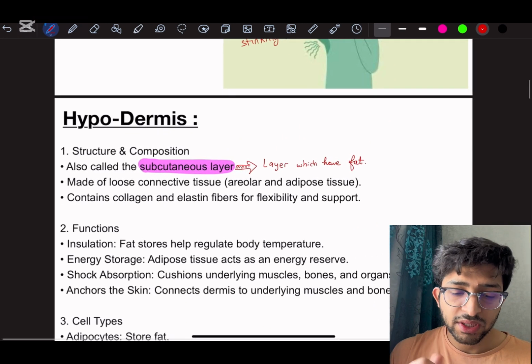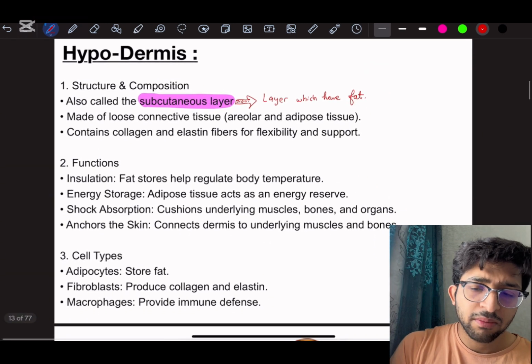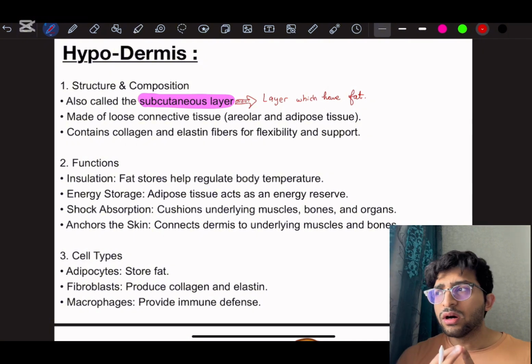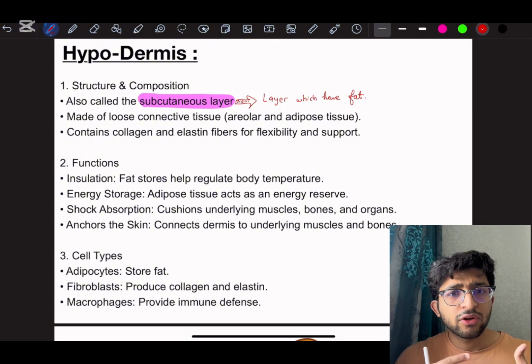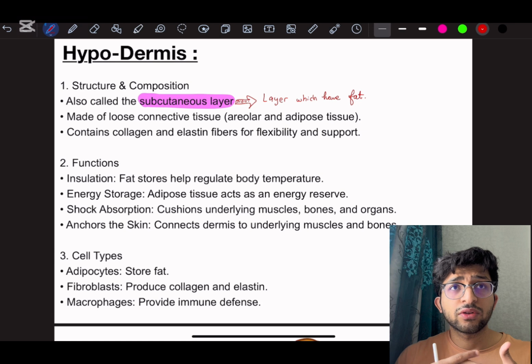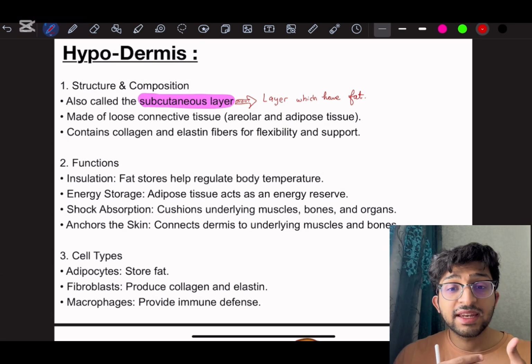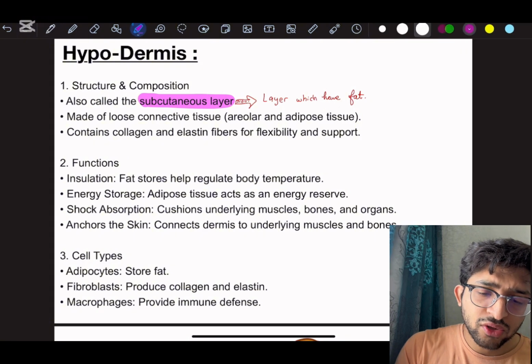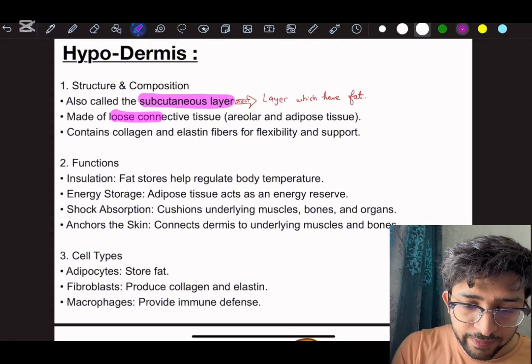Okay, the layer which has fat. And this is also made up of connective tissue. Basically these are the kind of tissue which are responsible for the joining of the skin, or for the integrity of the skin, to make the skin intact like this. So this is also made up of loose connective tissue.